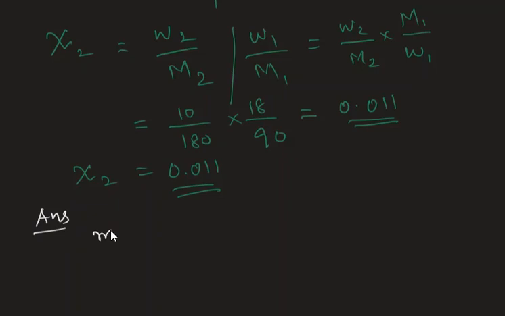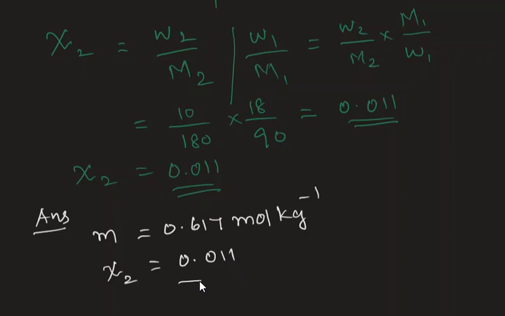Molality is equal to how much? 0.617. Remember, mole per kg. Okay. And what about mole fraction? How to represent chi 2? That is equal to how much? 0.011. It doesn't have unit. Okay.